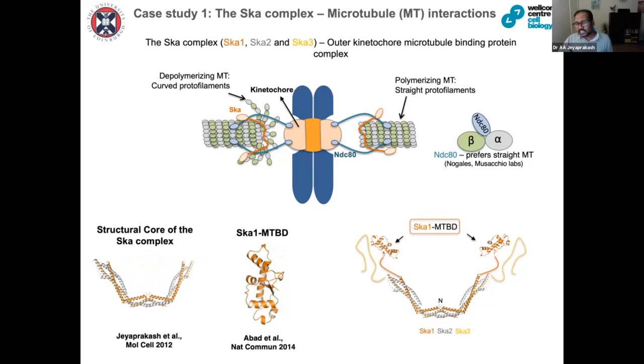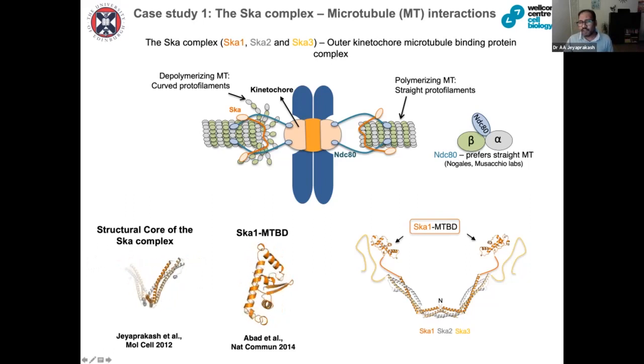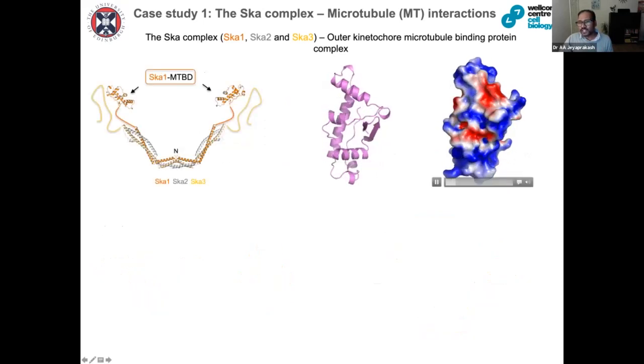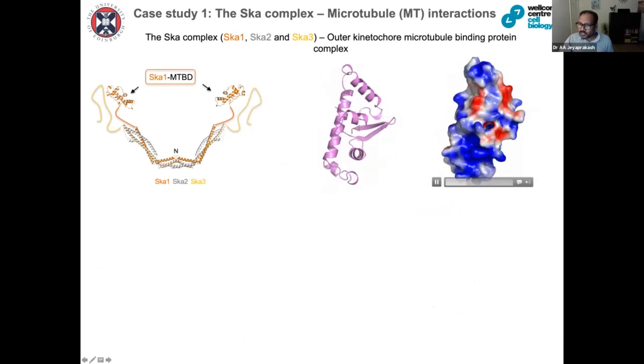Microtubule binding proteins often bind microtubules via electrostatic interaction by recognizing the acidic tail present in the tubulin. When we looked at the electrostatic surface potential of the SCAR1 microtubule binding domain, we saw positively charged patches all over the surface.